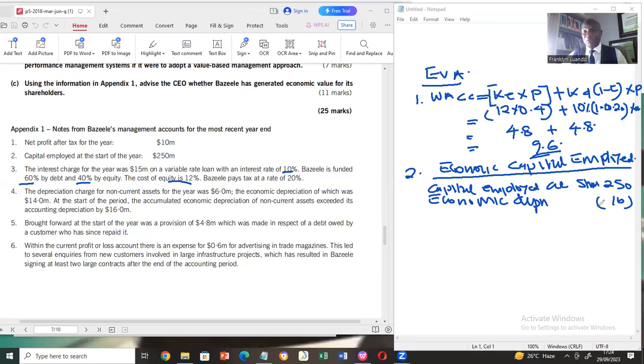So this now must be added back. Provision at start. Provision for bad debts. So that is 4.8.